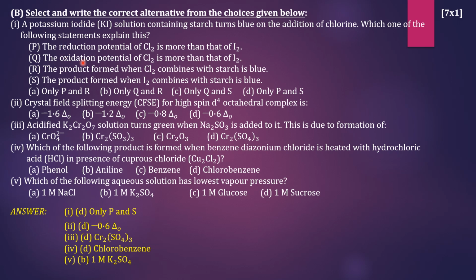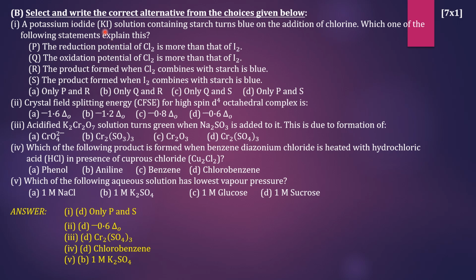So here for the first question from electrochemistry, that a potassium iodide solution containing starch turns blue on the addition of chlorine, which one of the following statements explain this? So this is very simple, that KI plus Cl2 will give you KCl plus I2. That I2 will combine with the starch to give you the blue color, starch iodide complex, right?